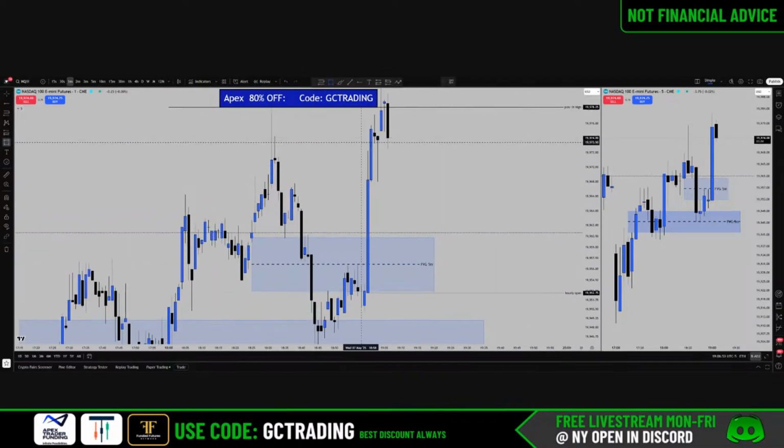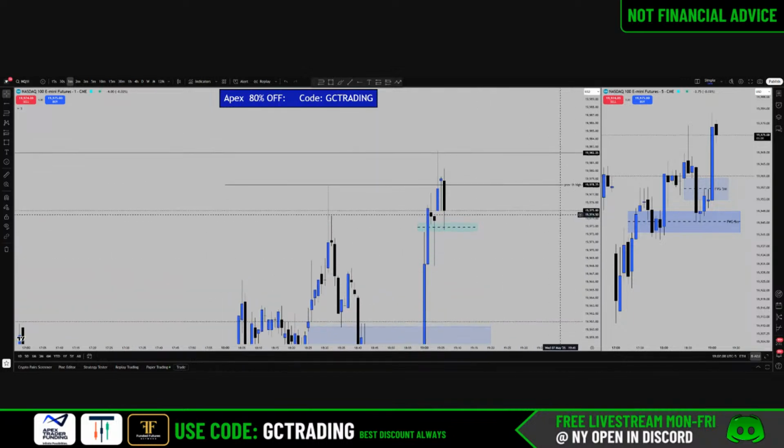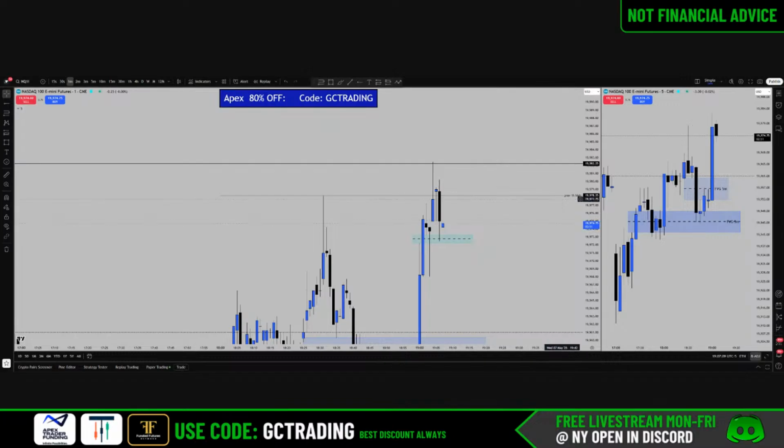The only thing that I'm really seeing here is this tiny little gap right here. There's your 1 minute, which I mean, it looks like price kind of knows it's there. It's not the greatest gap. Definitely not the greatest gap.